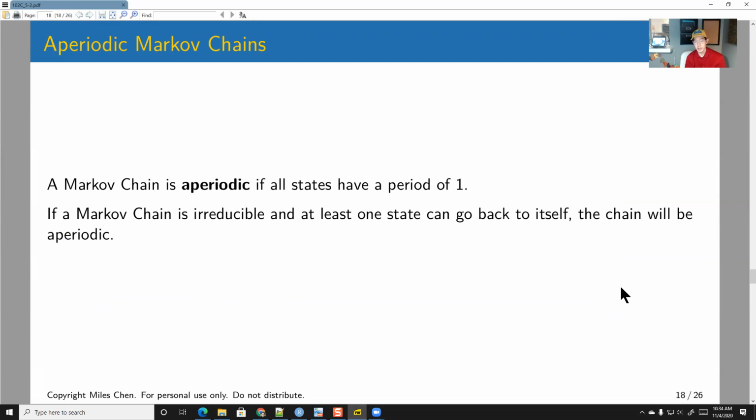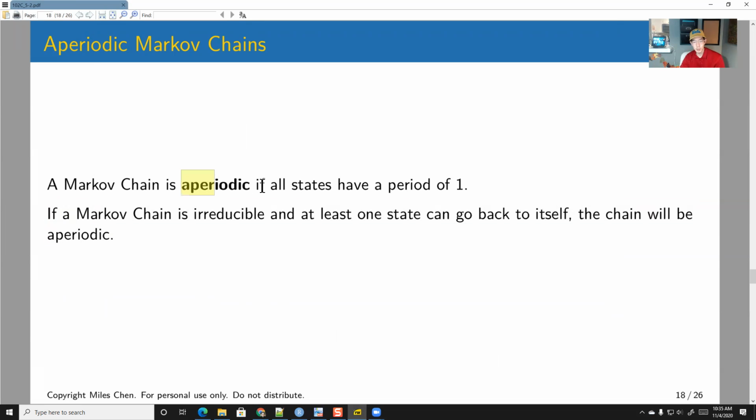Okay, so a Markov chain is going to be aperiodic if all the states have a period of 1. One way to get an aperiodic chain, if you just want to know whether it's aperiodic, is to see if it's irreducible, meaning all the states can reach each other, and at least one of the states is able to go back to itself. Then the chain is going to be aperiodic. Now, technically, this is not the only condition.